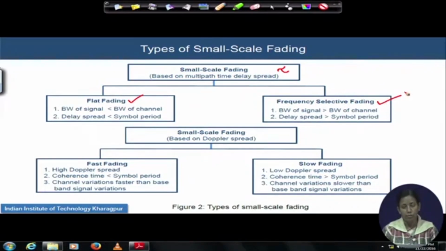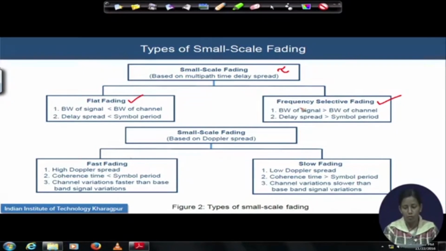What is flat and what is frequency selective, we will discuss in detail later on. But fundamentally, just remember that flat fading happens if the bandwidth of the signal transmitted is less than the bandwidth of the channel. Then all the signal components experience the same kind of amplitude change and phase change by the channel. We call it flat fading.